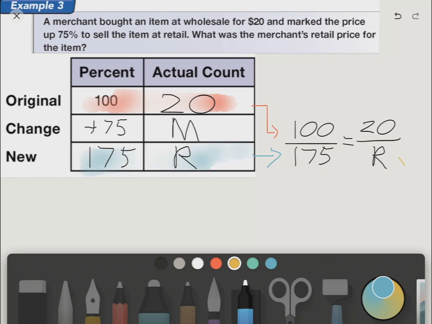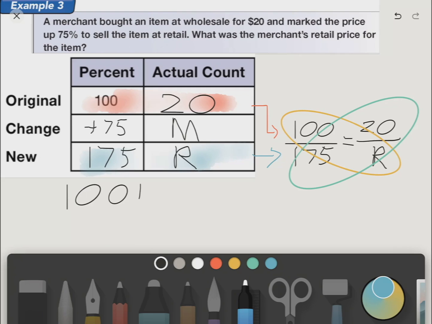So yes, some cross multiplies. We get 100 times R equals, spoilers, 3,500.